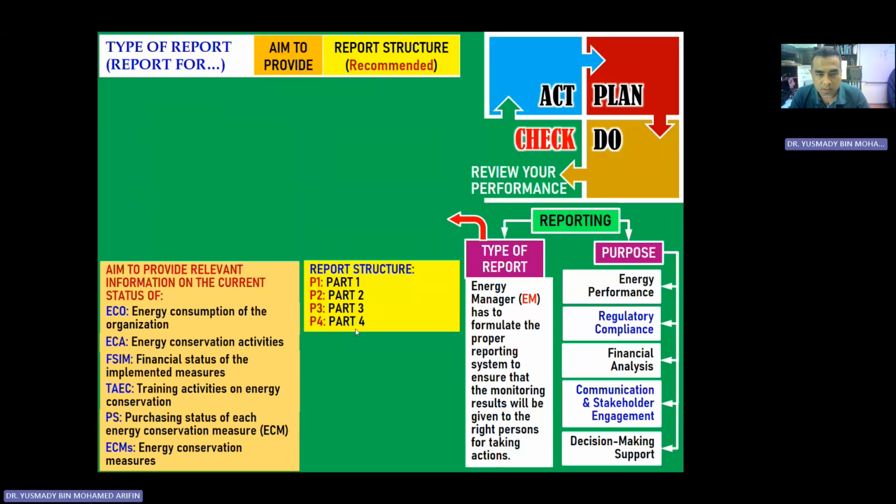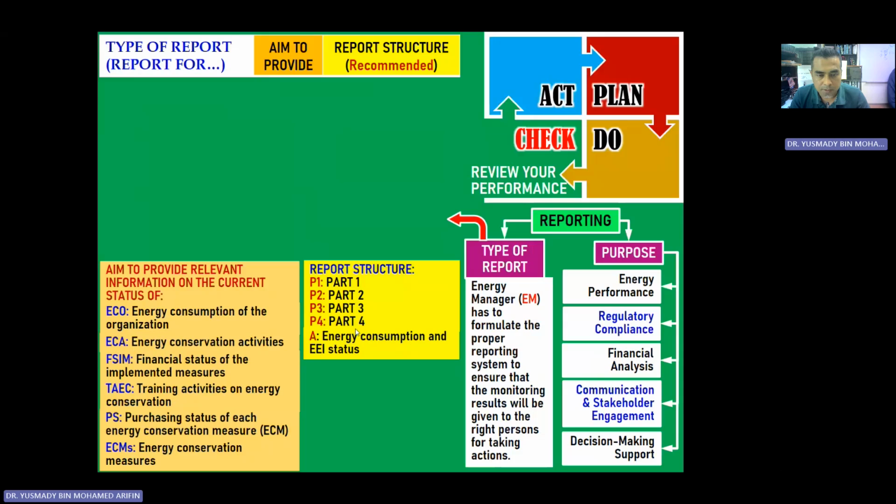Okay, under report structure, we will use certain abbreviations in order to simplify the table. P1 stands for part number 1, P2 for part number 2, P3 for part number 3, and P4 for part number 4.